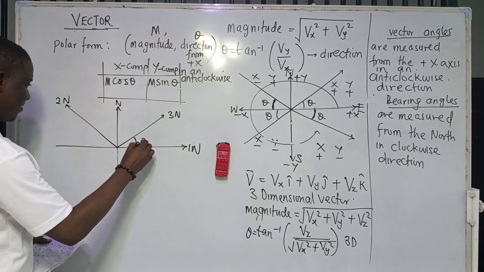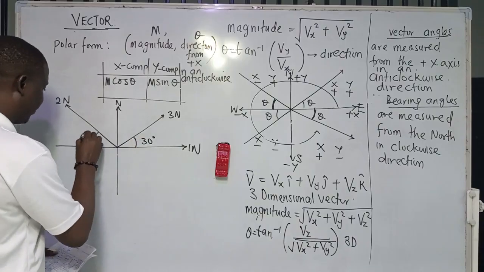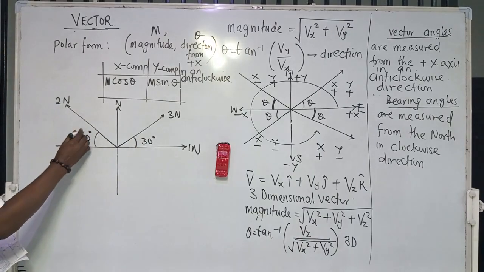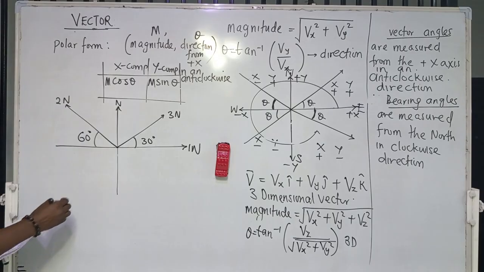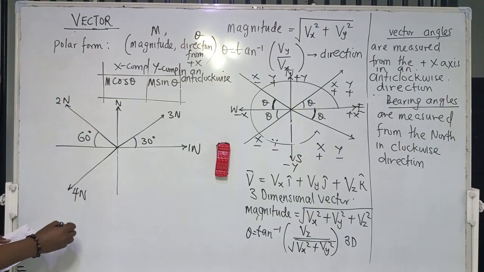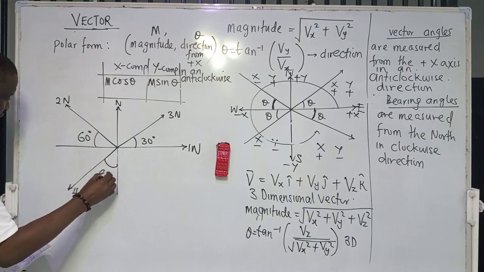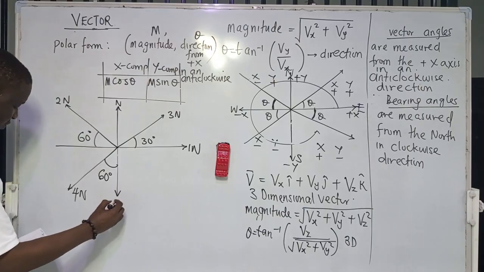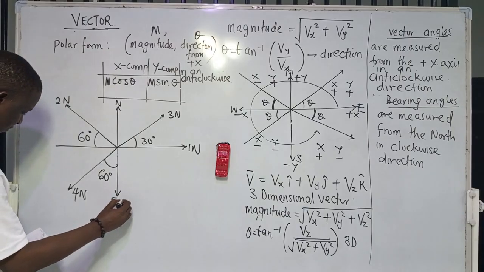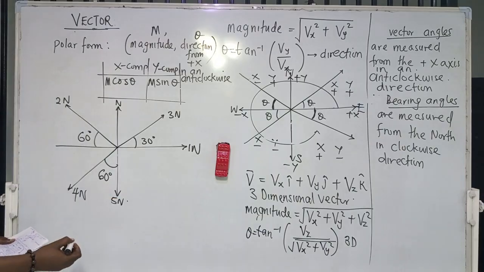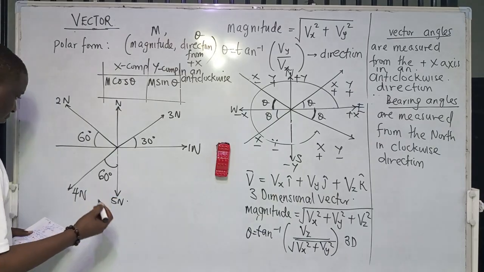The angle here is 30 and the angle here is 60 degrees. Now we have 4 Newton here, with 60 degrees. Here is 5 Newton. Then which other angle do we have? First we have here, nothing.